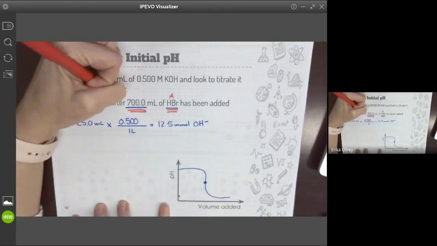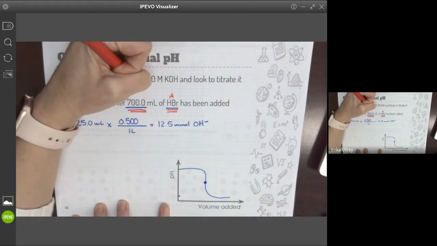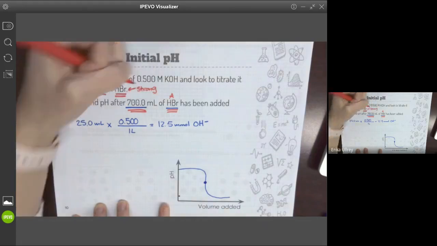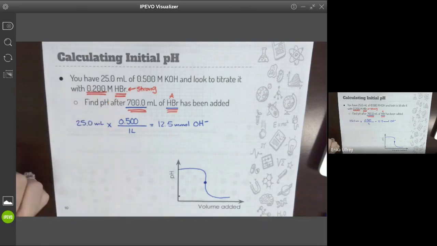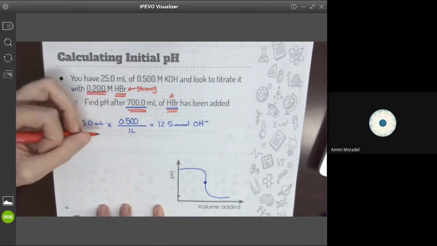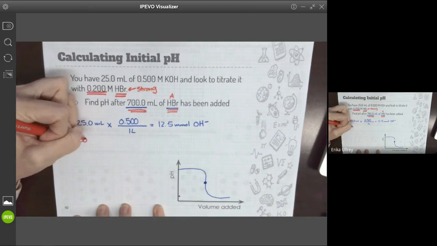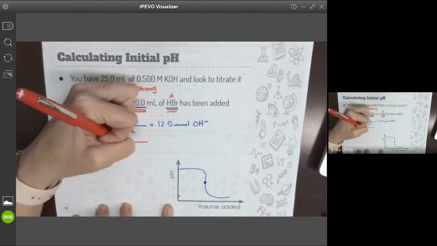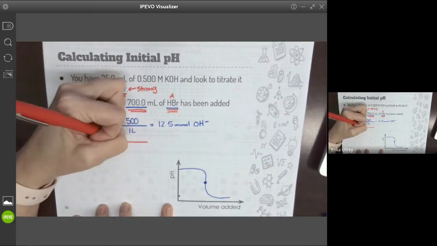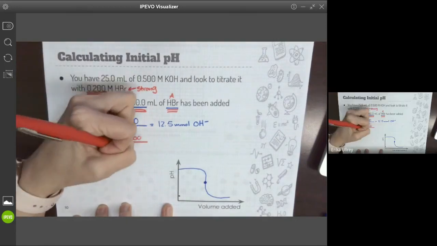Because this is a strong acid, we know that it's going to dissociate 100%. So the concentration of HBr is the same thing as the concentration of H+. So we're going to take our 700 milliliters of our acid times its molarity, which is 0.2 moles over 1 liter.